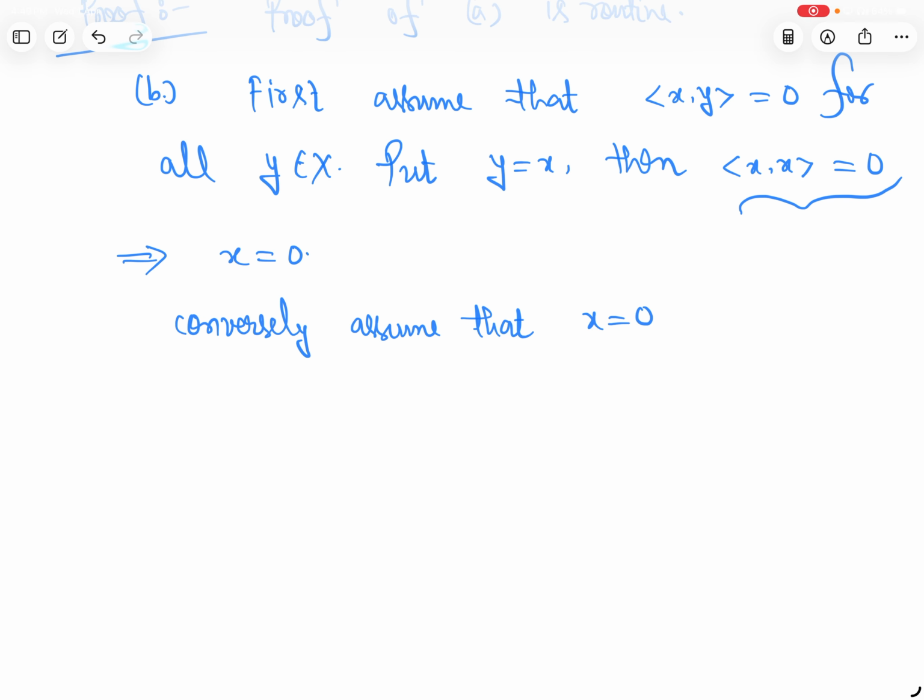So what is the inner product of 0 and y?